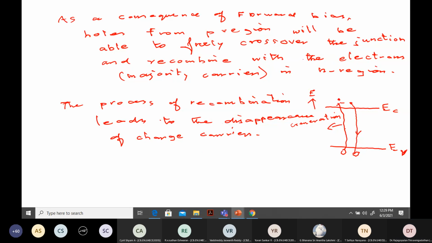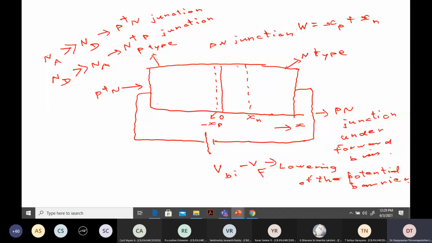But the forward bias will enable a greater number of holes to reach the N side. Therefore, there will be some concentration gradient of the holes, even though they are recombining, crossing over this potential barrier.